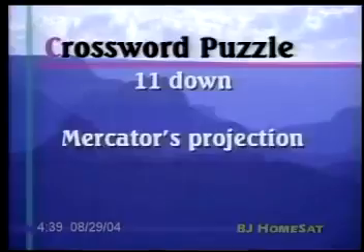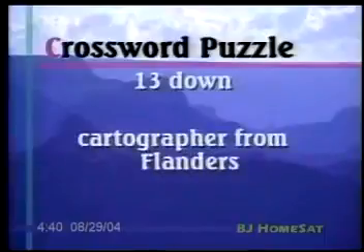Okay, if I'm rushing you a little bit, you can always pause the program, but since we're done with the chapter and we're starting into the test here before too long, you should know these pretty quickly by now after completing that chapter review. All right, let's move on to our next one, 13 down. Our clue is cartographer from Flanders. Might be a little harder.